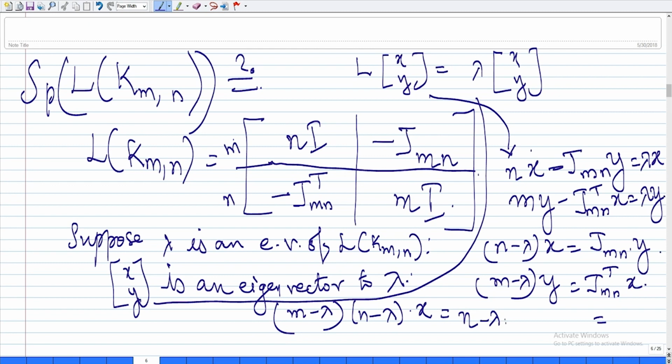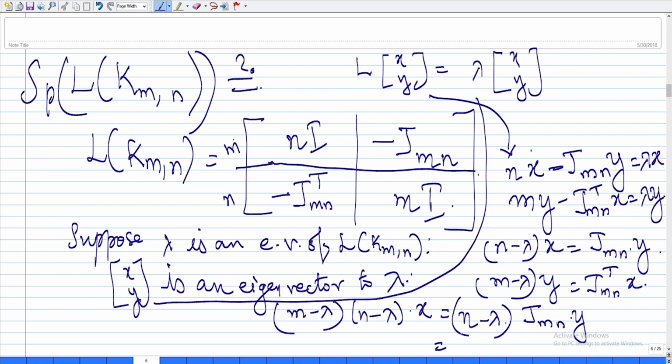So look at this, n minus lambda times m minus lambda, oh sorry, I started with x, that is not a problem. So n minus lambda times this would be nothing but Jmn y, right.